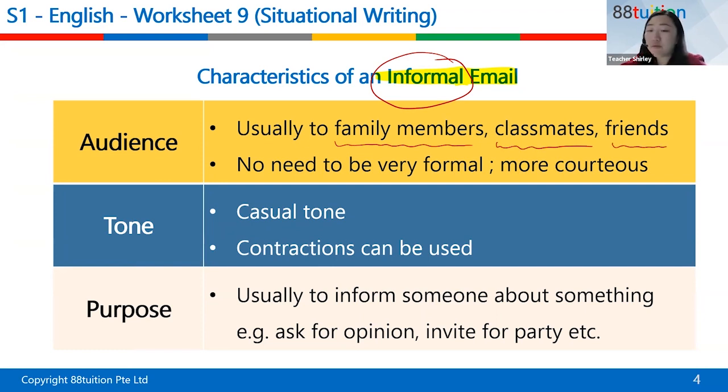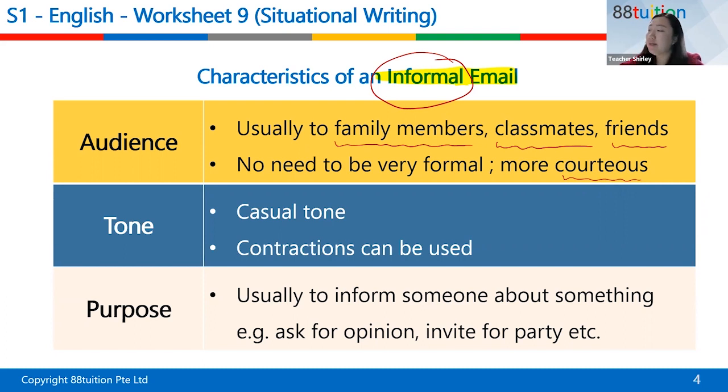You do not need to be formal. But by not formal doesn't mean you use vulgarities. By not being formal, you still have to be courteous. So although it's informal, there is still a degree of formality to it, so you have to be careful with that.